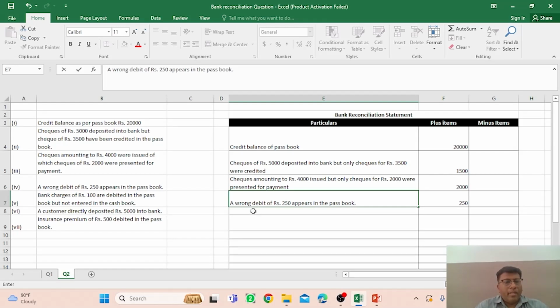And the next item is bank charges of rupees 100 are debited in passbook. Again, this is the case of the debit balance in passbook, right? You are maintaining the passbook, the opposite book is the cash book, and it was not entered in the cash book.